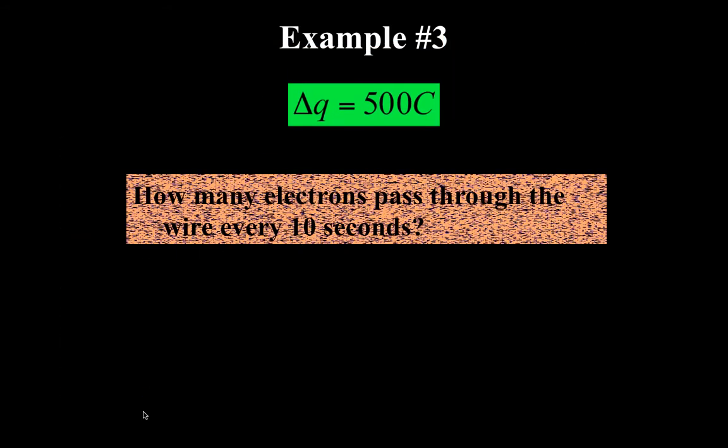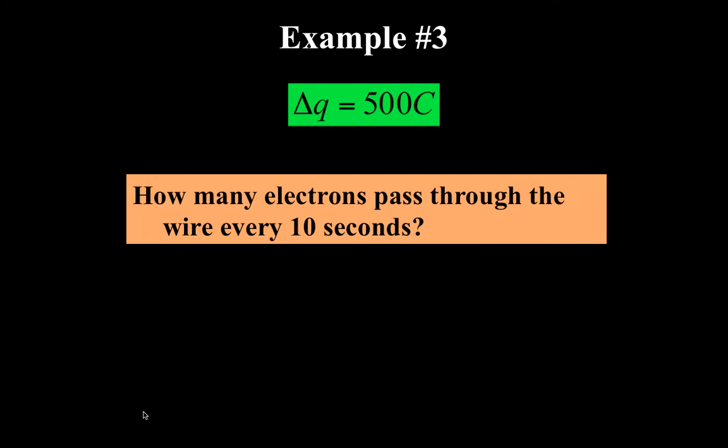At this point, we have talked about a lot of different equations, a lot of different topics in electricity. So how many electrons pass through the wire every 10 seconds? We're solving for the number of electrons. We are given Q. We want to know the number N. We know that an electron has a charge of 1.6 times 10 to the negative 19, the magnitude of it, in coulombs.